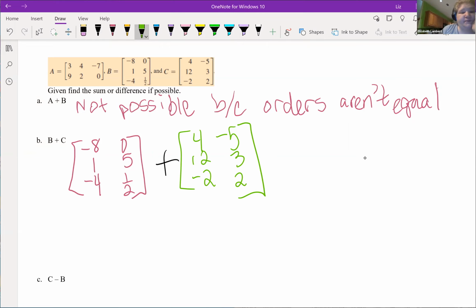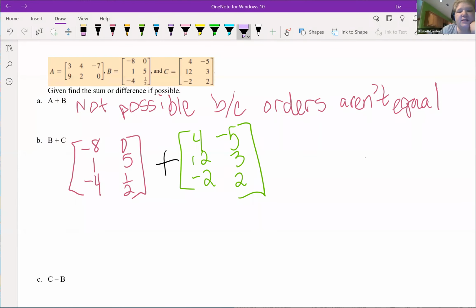All right. So we see I have 6 entries set up 3 rows by 2 columns. So these I can add or subtract.